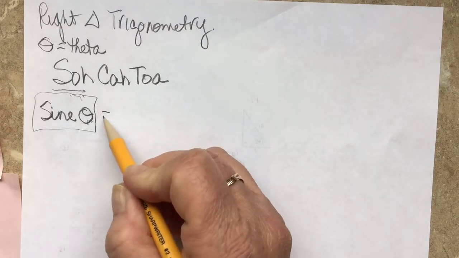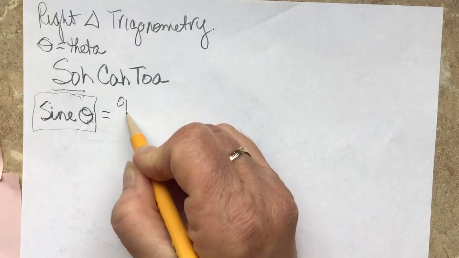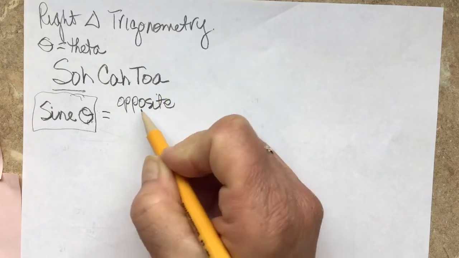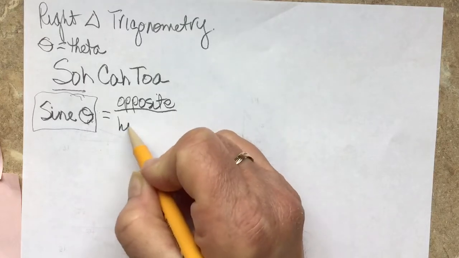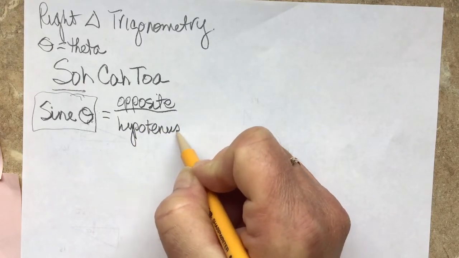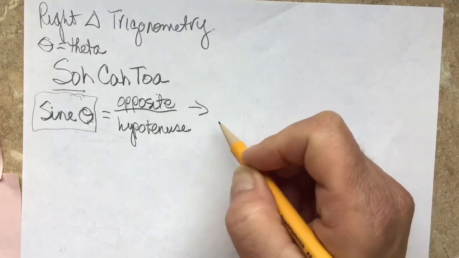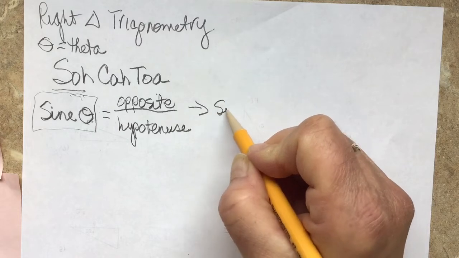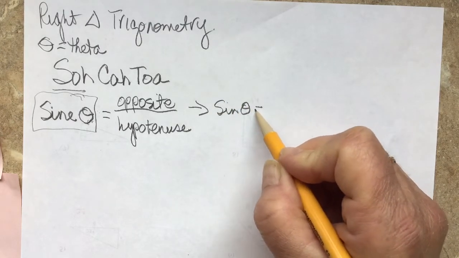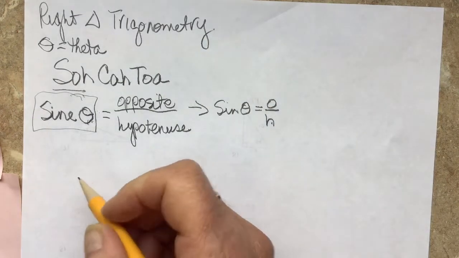So the sine of theta equals opposite over hypotenuse. And because we're math people, we abbreviate everything, although this isn't much of an abbreviation. So sine of theta equals opposite over hypotenuse.